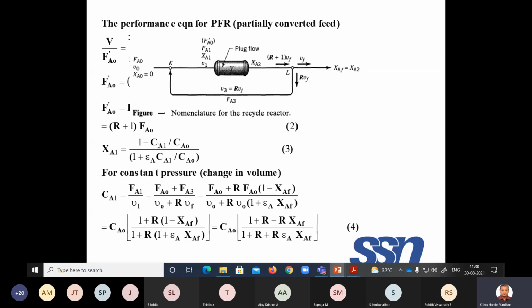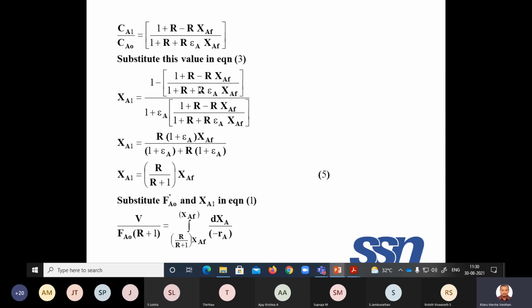This you substitute here. This is the biggest thing, because this terminology you substitute: 1 minus CA1 by CA0 divided by 1 plus epsilon A into CA1 by CA0. So patiently you take the LCM. The denominator is the same for both, so you can cancel out. The numerator will be 1 times this minus this, and the denominator will be 1 times this plus epsilon A multiplied by this.